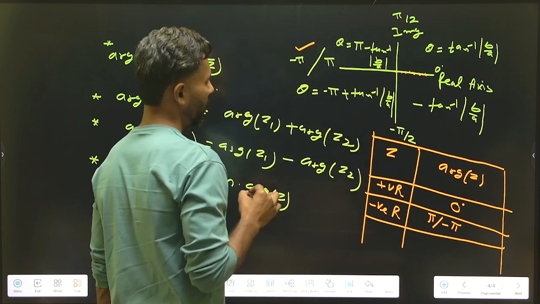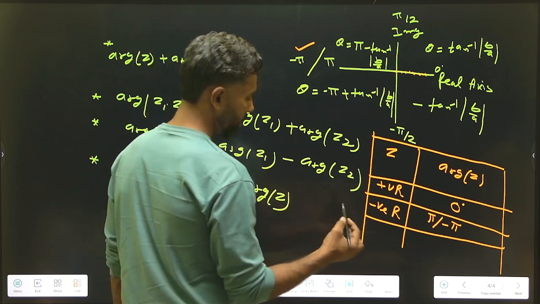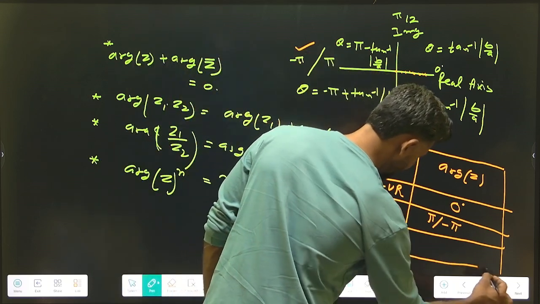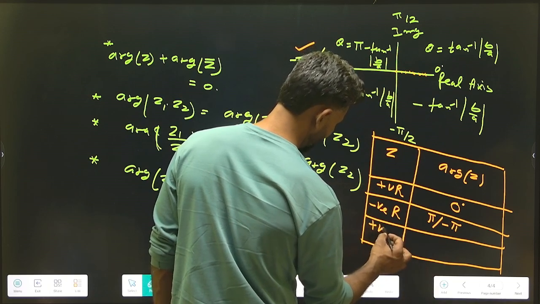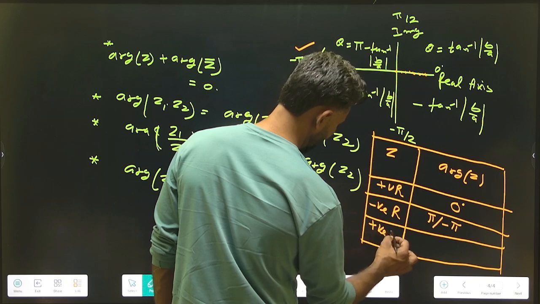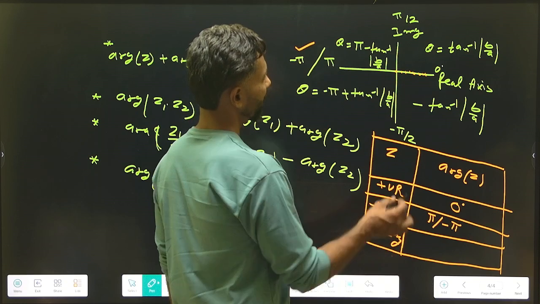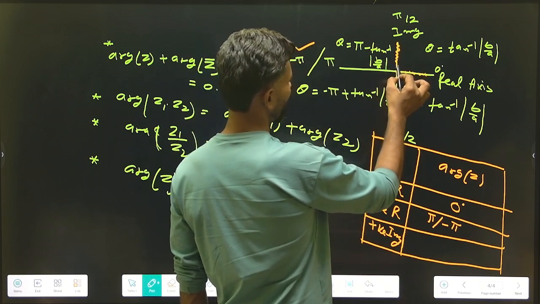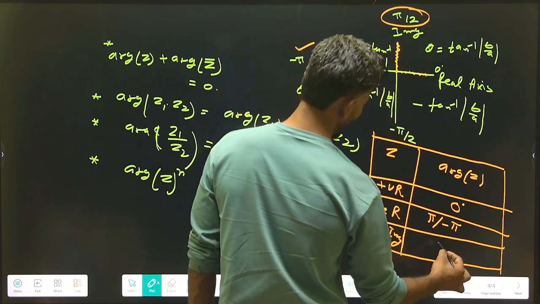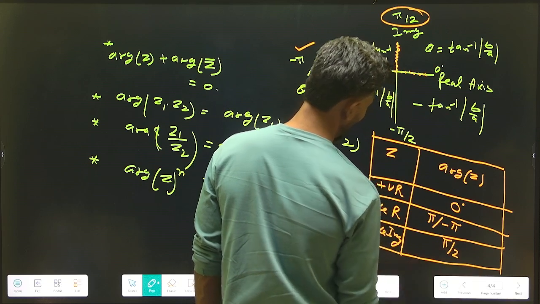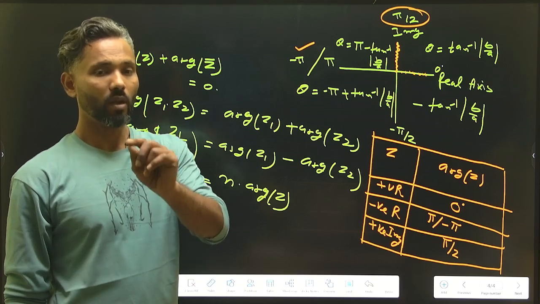In the same way, if the complex number is purely imaginary and positive, all the positive imaginary numbers will be represented here, and you can see the angle, this is pi by 2. So if any complex number is purely imaginary and positive, then the argument will be pi by 2.